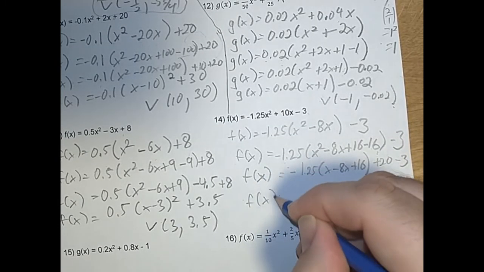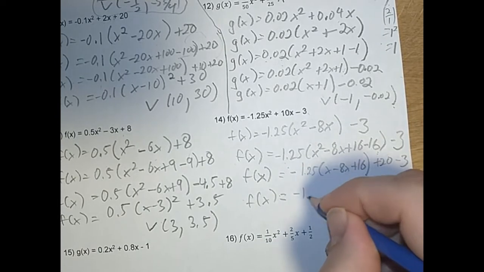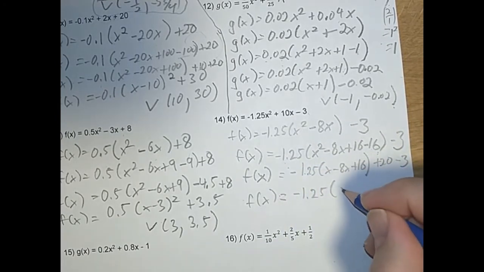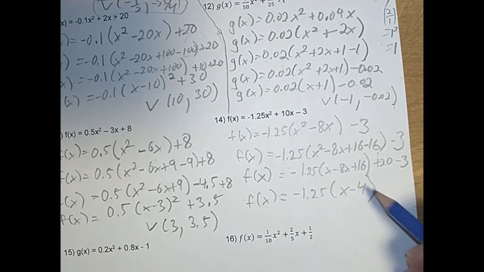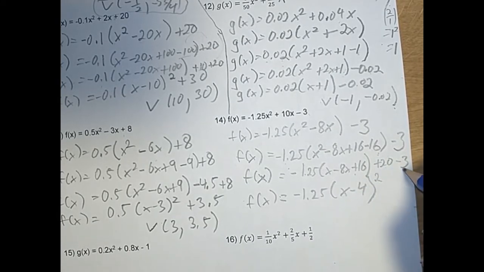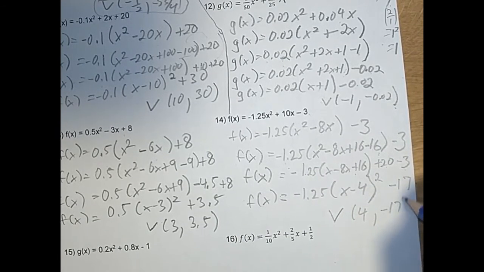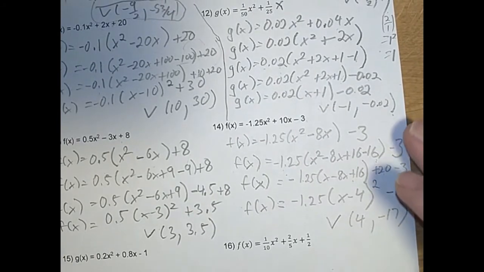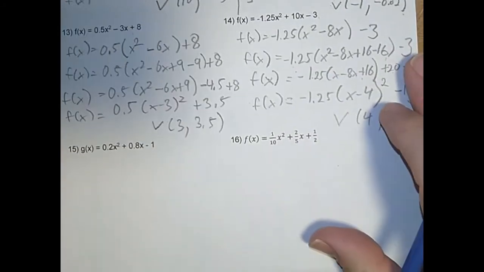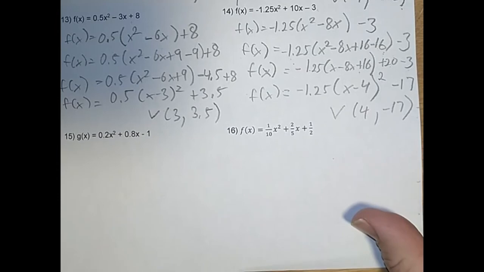So I get f of x equal to 1.25 times (x minus 4) squared, plus 20 minus 3, which is 17. Vertex is 4, negative 17 here. Okay, there's that one. Next two.